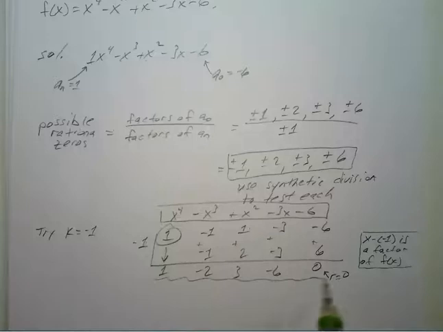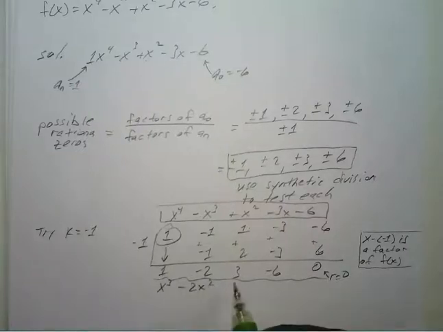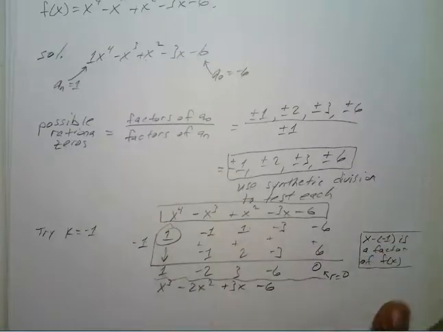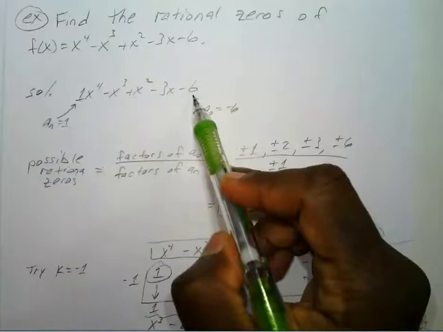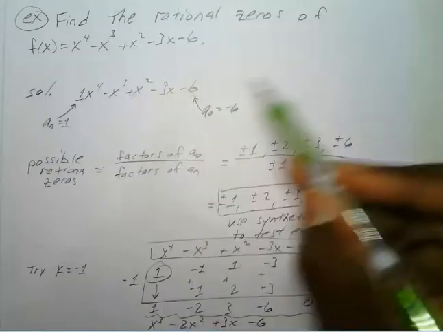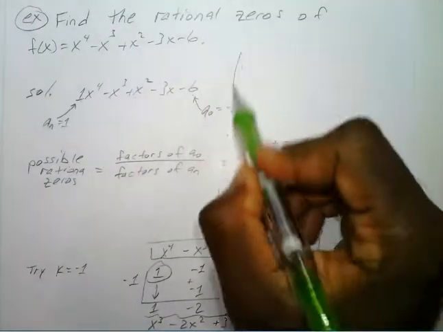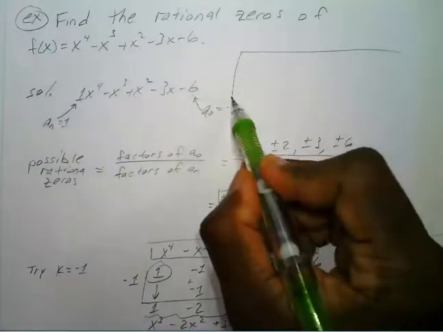So this now becomes 1x to the third minus 2x squared plus 3x minus 6. Because this is a fourth degree polynomial, let me show you exactly where we're going to start off.